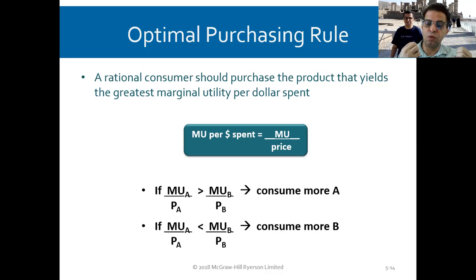If MU of A divided by price of A is less than MU of B divided by price of B, then definitely you will buy or consume more B. And this is how we do rationalized purchasing. Which one contributes more value for the same amount of dollars we spend?